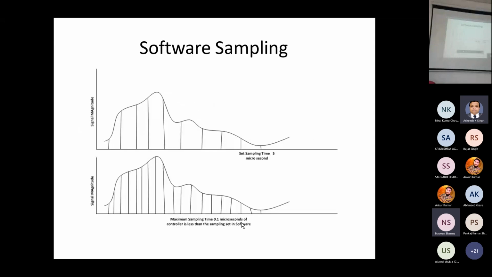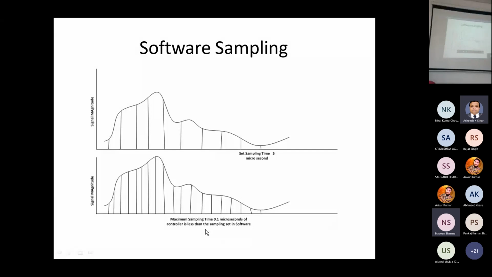So suppose we have any signal, then we can use 5 microseconds for the sampling time for this signal. But suppose our MATLAB platform has 0.1 microsecond, then we can use up to 0.1 microsecond of sampling time.